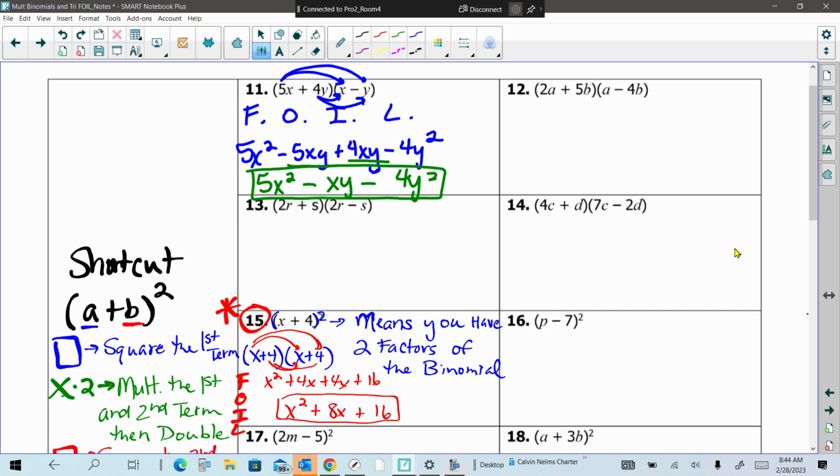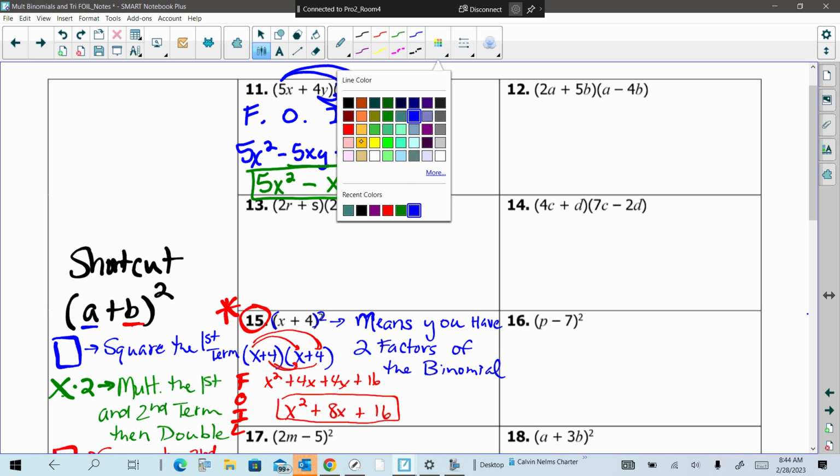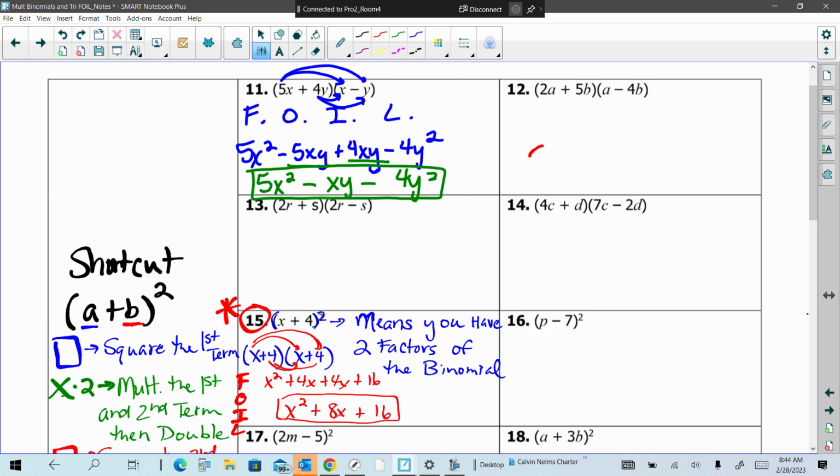All right, so let's check your answers on 11 through 14. You're still using the FOIL method. We should end up with on 12, 2a squared minus 3ab, then minus 20b squared. On 13, actually turns into a binomial because the rs cancel.